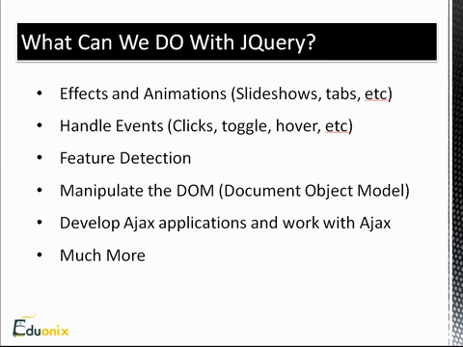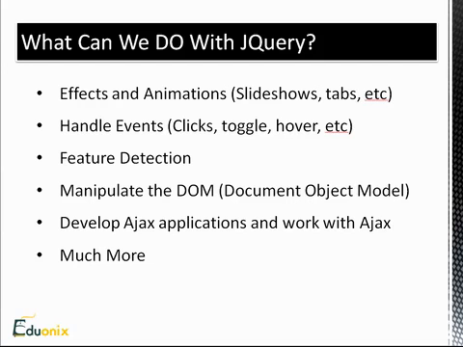jQuery is used to handle events, so clicks, toggles, hovers, mouse up and down, scrolling. We can do all different kinds of things with events. Feature detection. So if we want to use the HTML5 geolocation feature, we can use jQuery to see if that browser can actually handle that or support that feature.